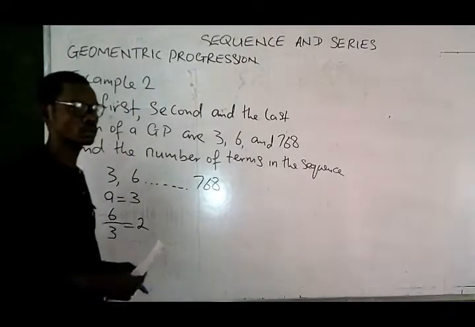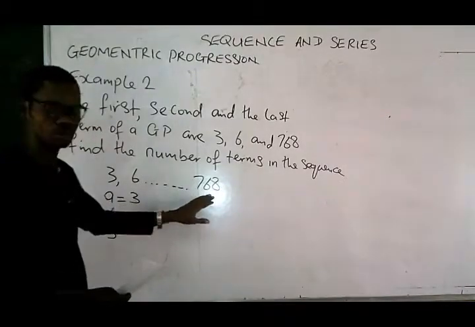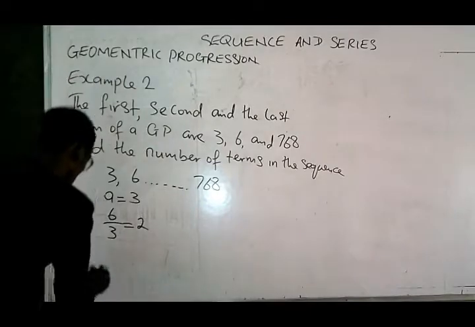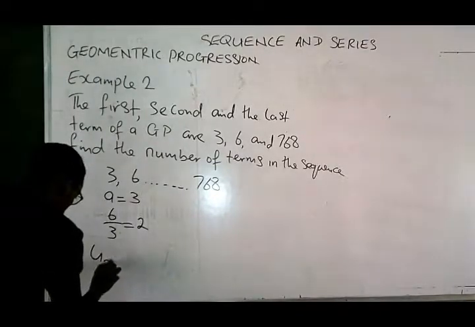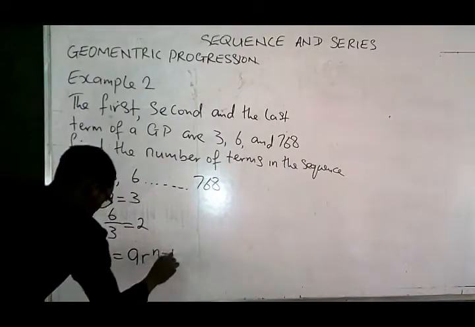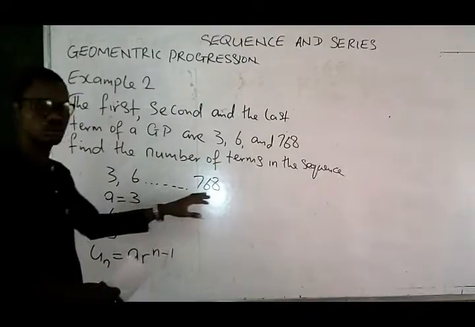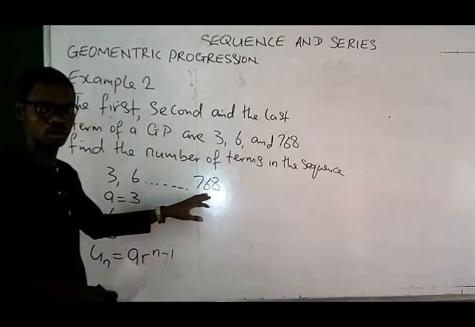Having known that the common ratio is 2, and this is the last term, I will say Un equals A r to the power n minus 1. This Un will stand for the last term.